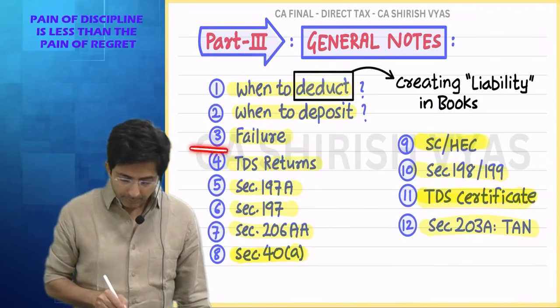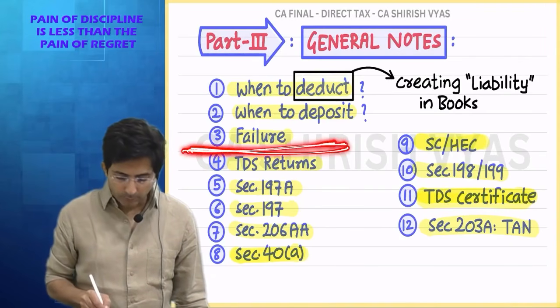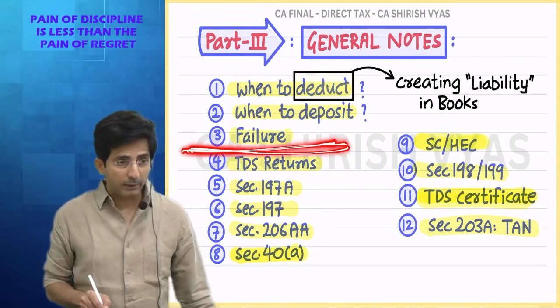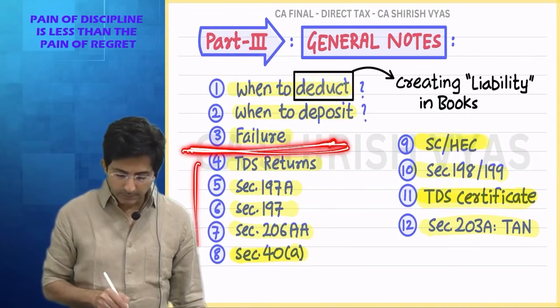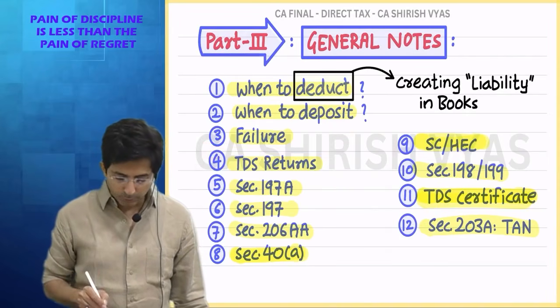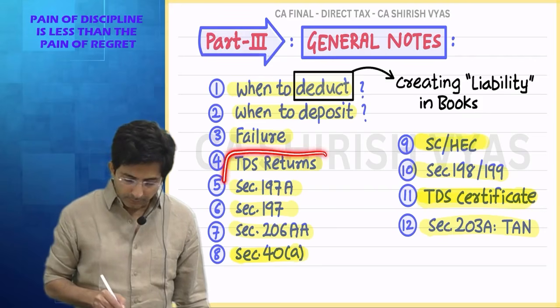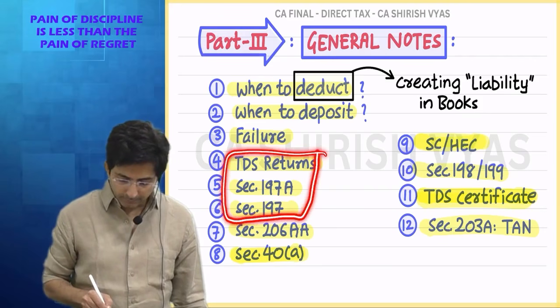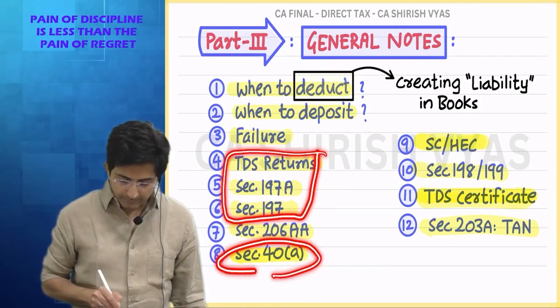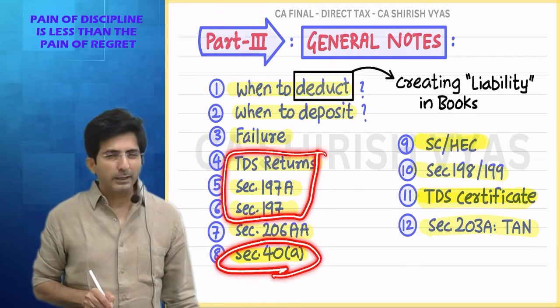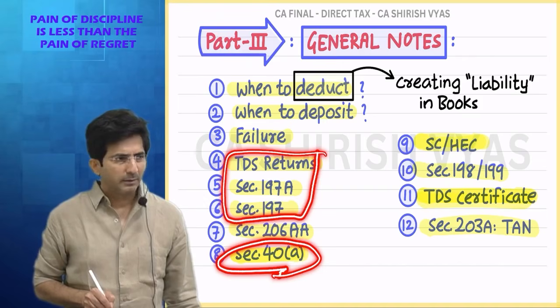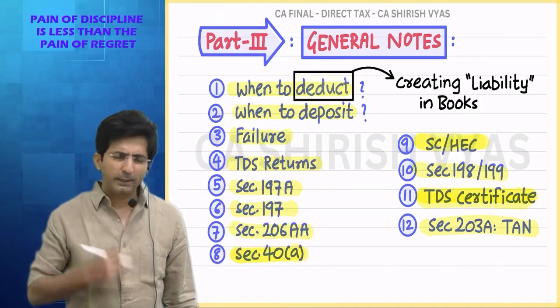Now see, I will stop here. I will give you some homework of whatever we have done up till now, and this portion will finish in the next lecture. In the remaining portion, till here only the most important things are there, and even 40A is a little important. Rest all things will get over very fast. This will definitely get over in the next lecture.